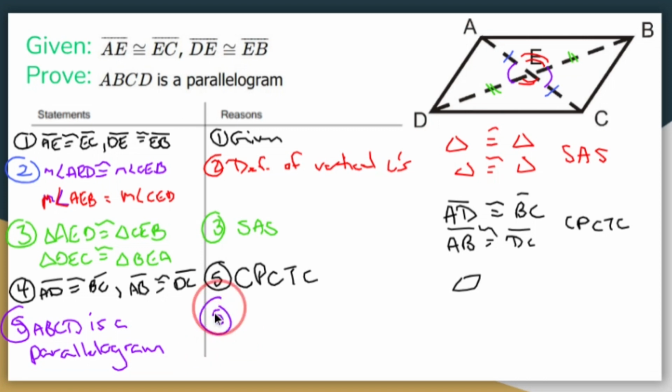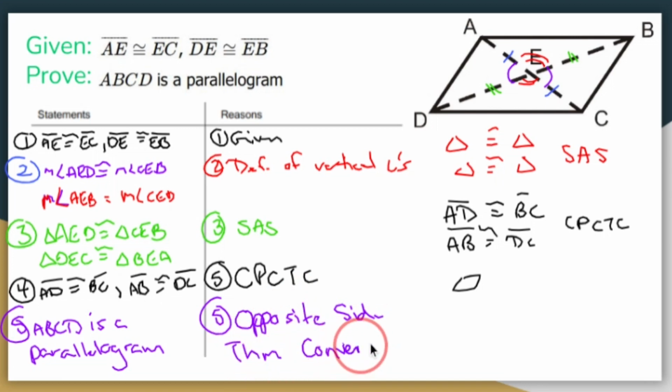The reason for that was the opposite sides theorem converse, which says that if opposite sides of a quadrilateral are congruent, then you have a parallelogram.